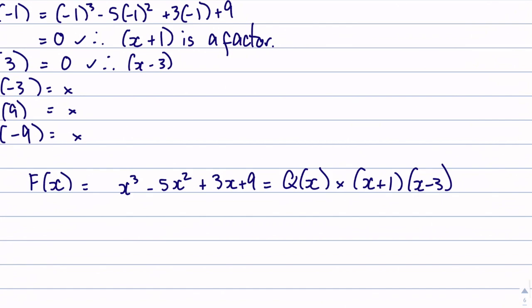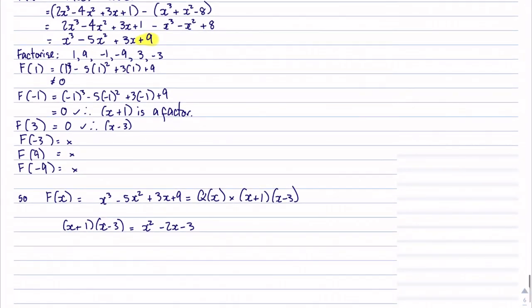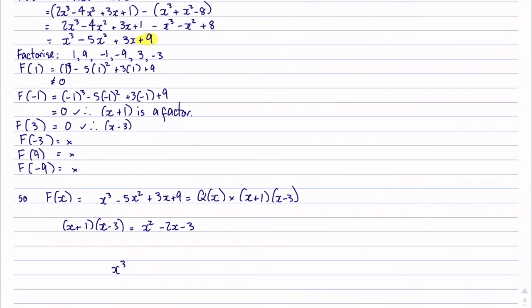I know x plus 1 times x take 3 is x squared plus take 3x plus x, so take 2x take 3. So what I'm going to do is I've got my x cubed take 5x squared plus 3x plus 9 divided by this thing, x squared take 2x take 3.